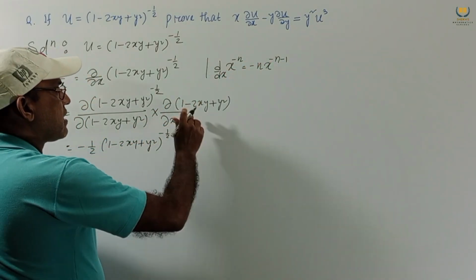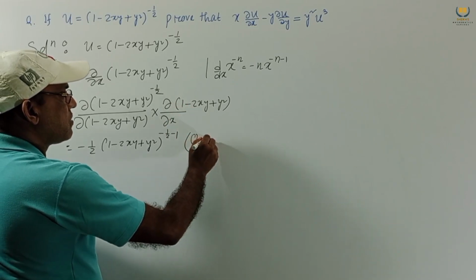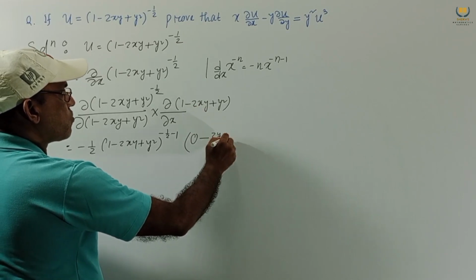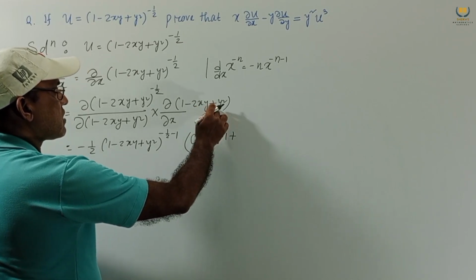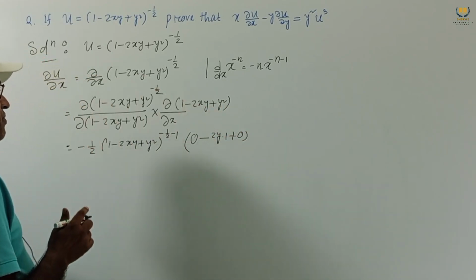And if we differentiate 1, it is 0. Twice y is constant, with del x equal to 1. And y square is constant because we differentiate partially with respect to x, so this is 0.